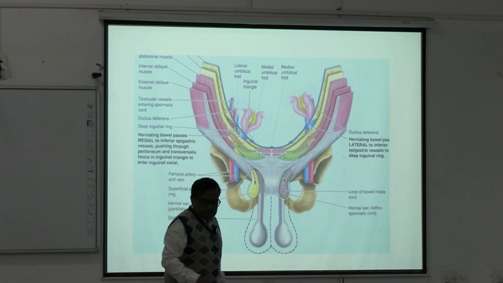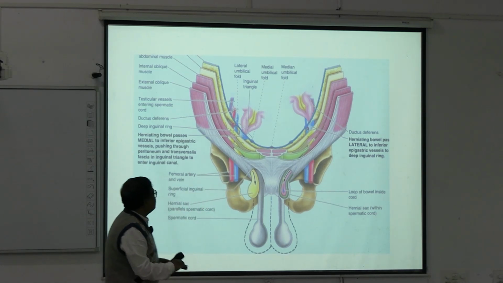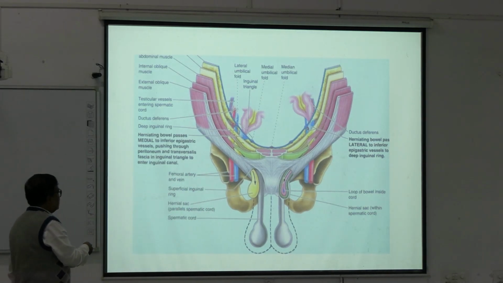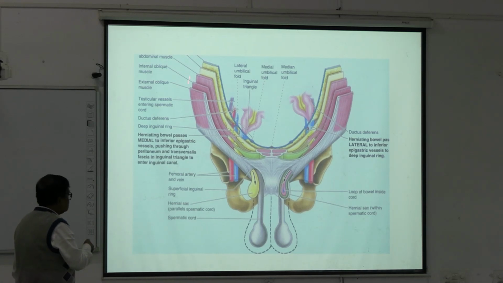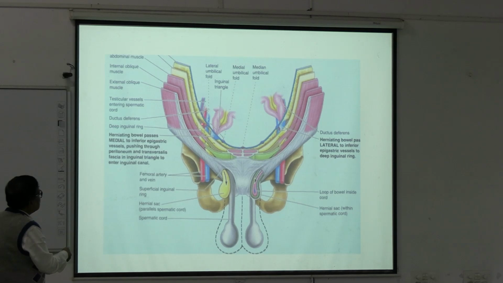তাহলে আমরা দেখতে পাচ্ছি these are the arrangement of the muscles in the lower region of the abdomen. This is the external oblique, internal oblique, transversus abdominis, fascia transversalis, extraperitoneal fatty tissue containing blood vessels, and the blue layer is the parietal peritoneum.